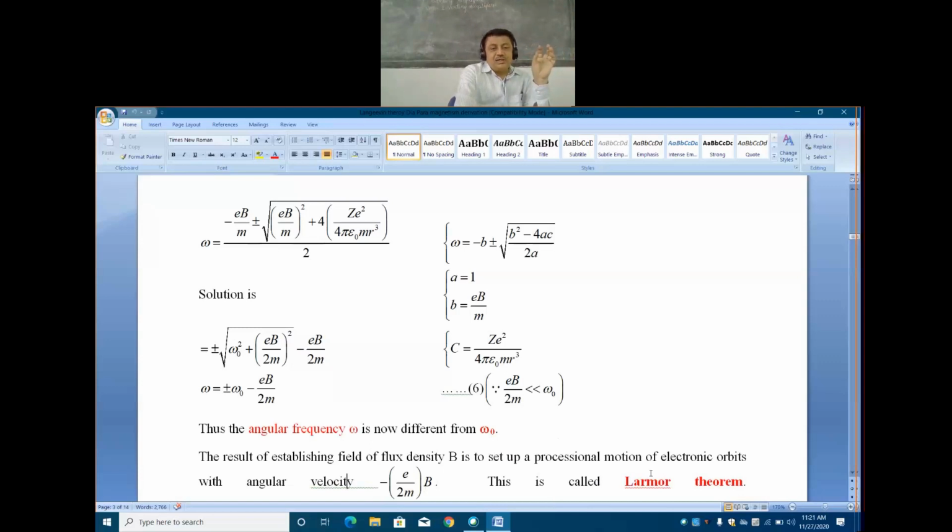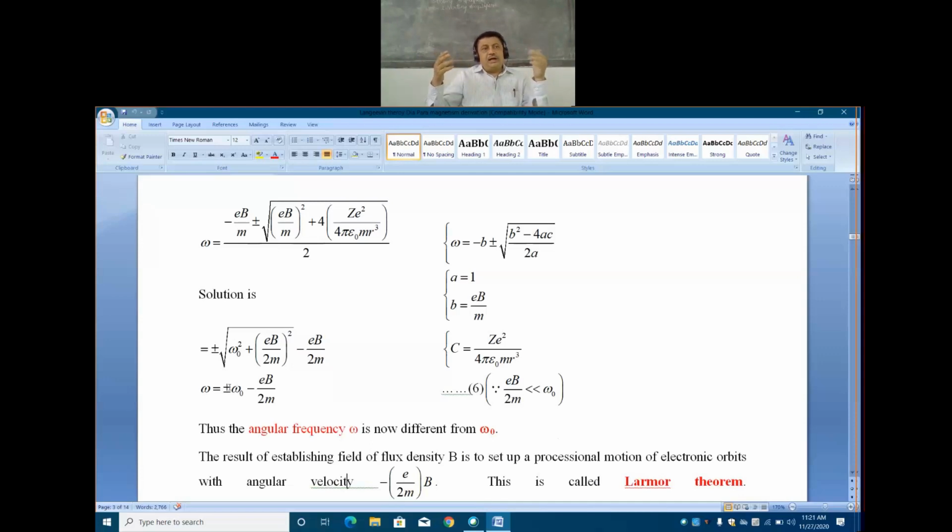The Larmor theorem says that omega has a plus minus sign with omega naught. Whenever the moments are parallel, this sign will be plus. When you apply a magnetic field, there will be an induced field. If the moments are parallel, there will be a plus sign, and omega naught will have a different value.